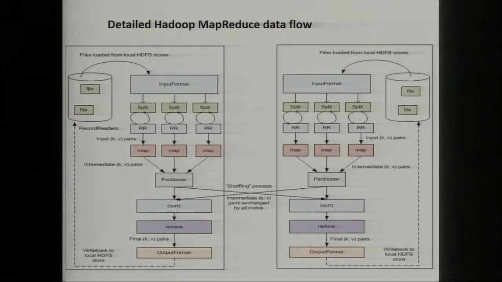This is how it gets split. These are the record readers, RR. The record readers split and check whether the records are properly read, and all the records are considered. After that, we map it.